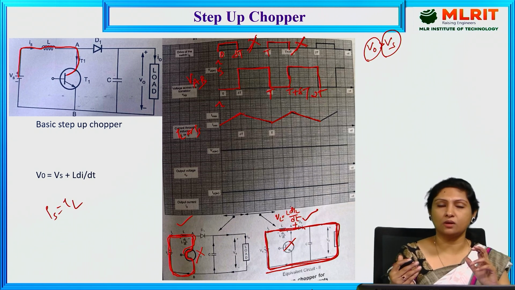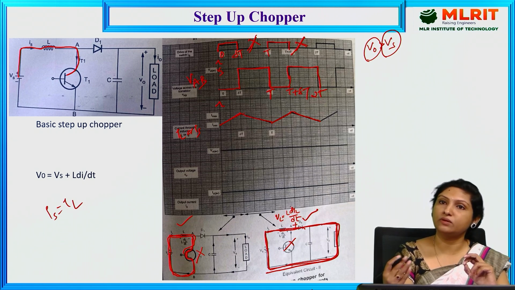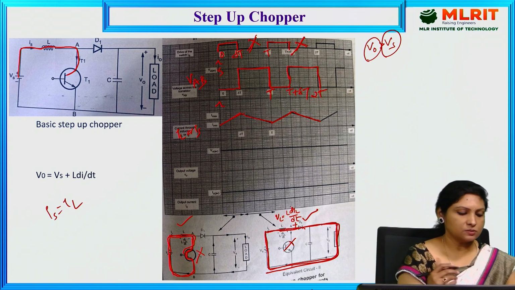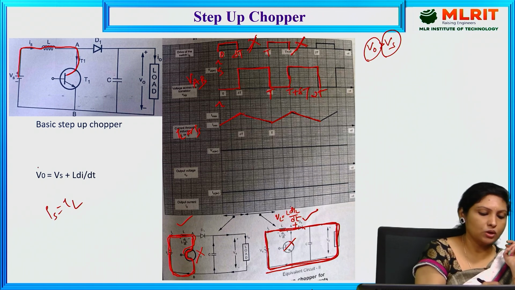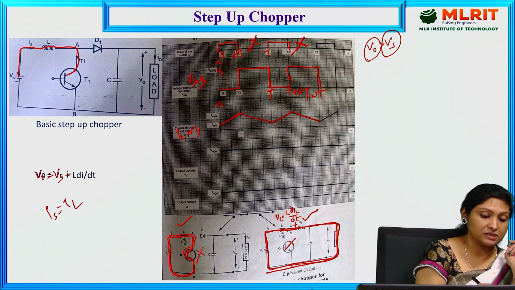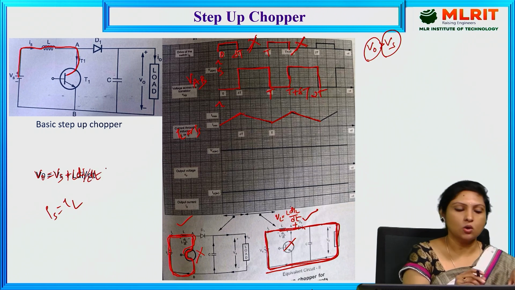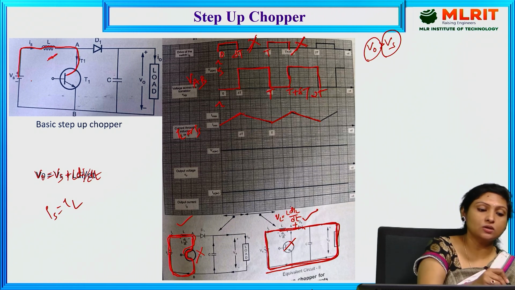How is the output voltage even greater when compared to the supply voltage? That is because here V0 is equal to the supply voltage plus L into di0 by dt. That means the output voltage is the combination of the supply voltage as well as the voltage across the inductor.